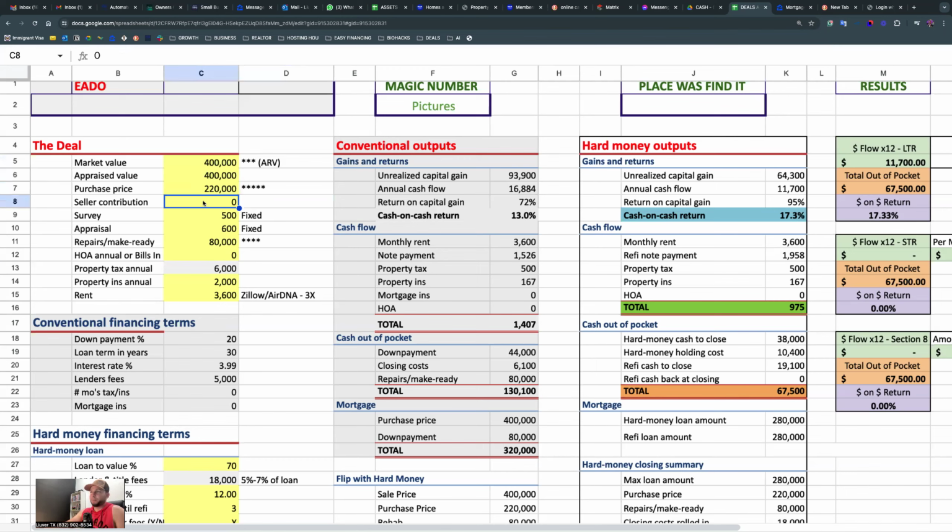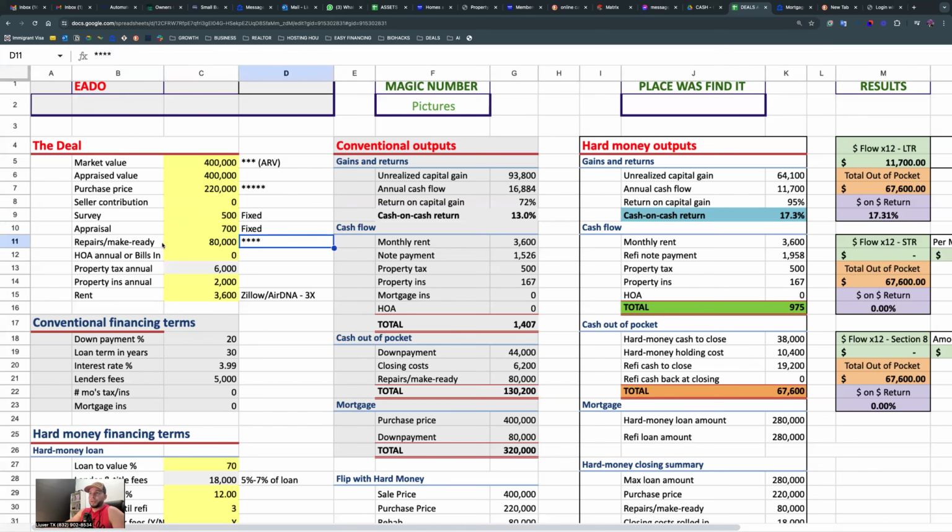Seller contribution, usually in our cash deals, is zero. Survey, those are extra expenses that you can add here, or you can just remove and put zero. I put in the comments that it's fixed. I usually pay like 450, 500, and the appraisal is between 600 and 700. So repairs, make ready.